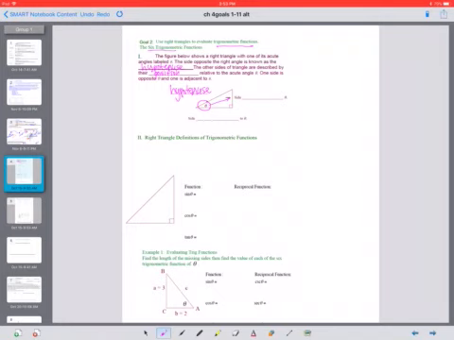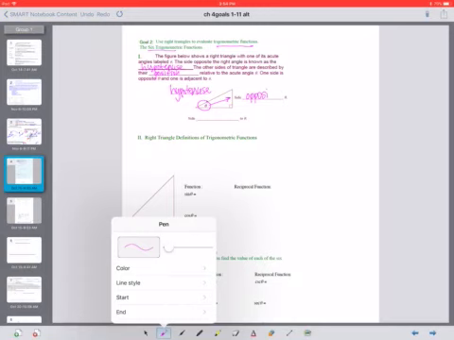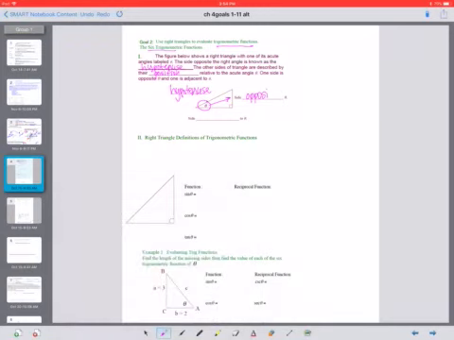And so the side on the other side of the triangle, or the opposite side of the triangle, is considered the side opposite theta. And then the side that creates theta, one of the sides that creates theta, would be considered the adjacent side.